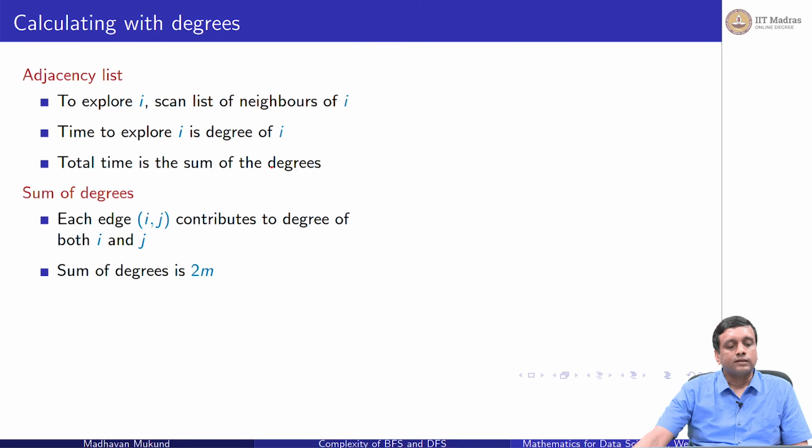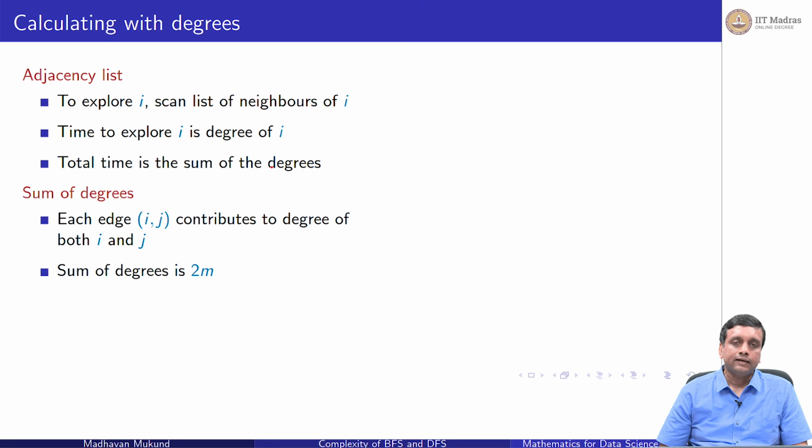So when I'm processing an adjacency list, I do work proportional to the degree of each vertex, added up. When I process vertex 0, I will look at all its neighbors, so I will spend time proportional to the degree of 0. When I do vertex 1, the same thing, vertex I, the same thing, right? So we are really interested in identifying what the sum of the degrees in an undirected graph represents.